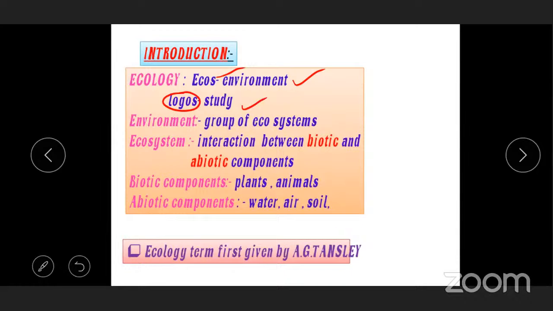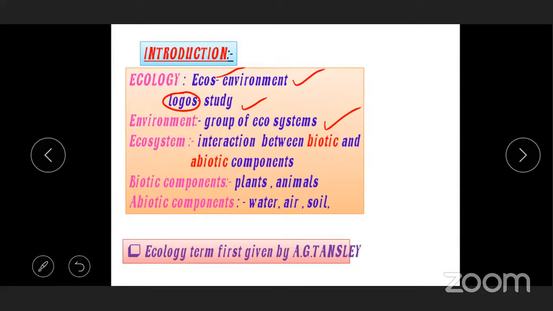What is environment? Environment means group of ecosystems. That is environment, nothing but our surrounding, which consists of numerous ecosystems. What is ecosystem?